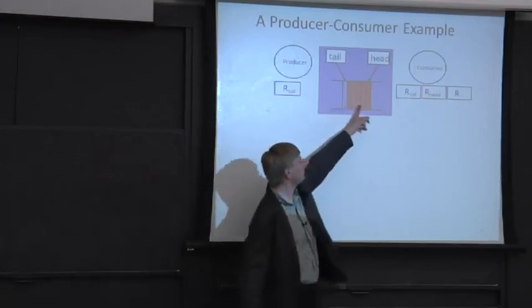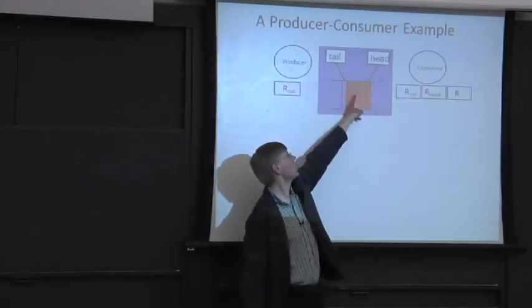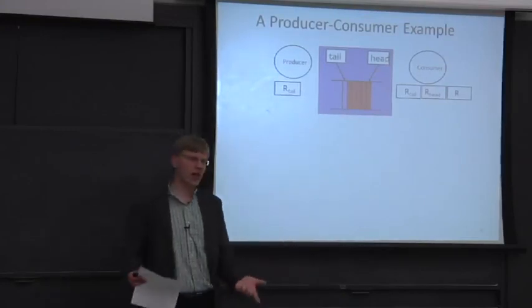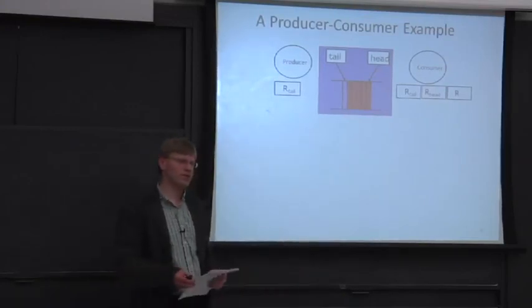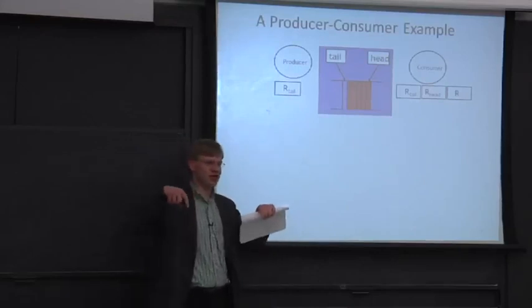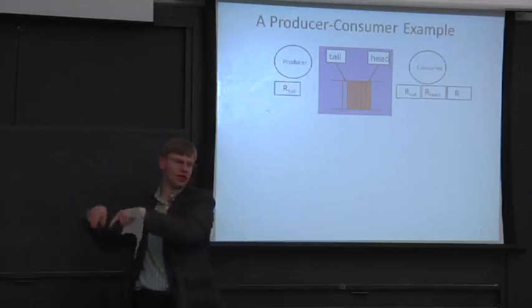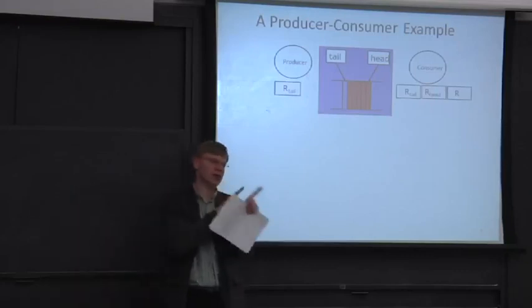We have a queue between the producer and the consumer, shown here. And then we have a head and a tail pointer. So it's a FIFO, or first in, first out queue. It's going to say where the head is, where the tail is. They can sort of move after each other. And let's say it's circular, so they wrap around at some point.